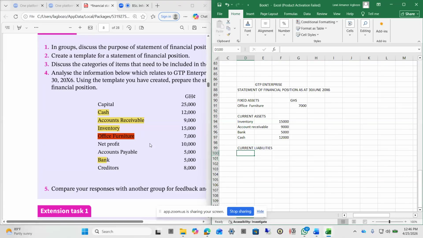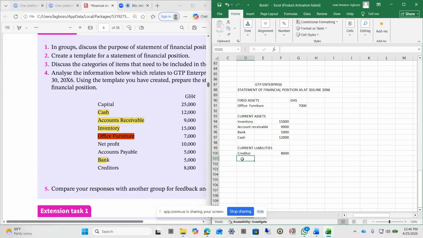So from here, what are our current liabilities? The first one is what? Creditors. Our creditors are also our liability. How much is it?